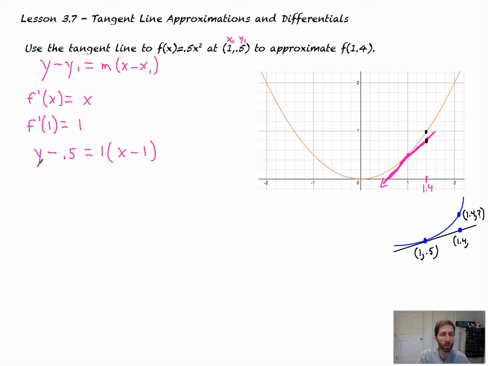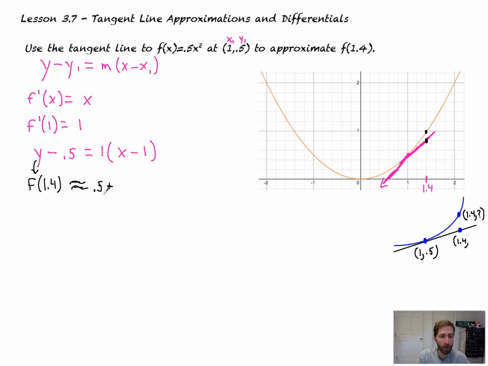At this point, if you want to approximate f of 1.4, that's the y value on the tangent line. So f of 1.4 would be equal to, or I'll say approximately is equal to, because we're using the tangent line to approximate it, 0.5 plus, and you might be like, where's that 0.5 coming from? I'm adding 0.5 to each side. I'm solving for the y value, and y is f of 1.4.